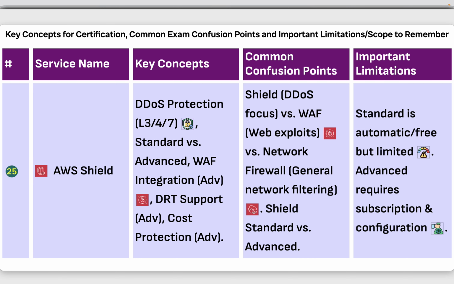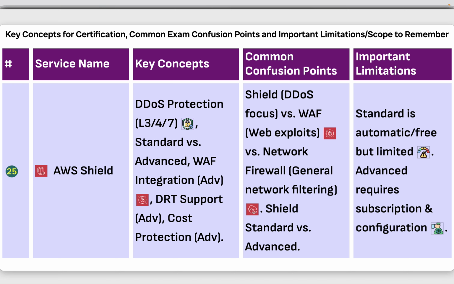AWS Shield. Key concepts are DDoS protection at layer 3, layer 4 and layer 7. Then there are two tiers, standard versus advanced, WAF integration, DRT support, the DDoS Response Team, which is part of advanced mode, and cost protection, which is also part of advanced mode.